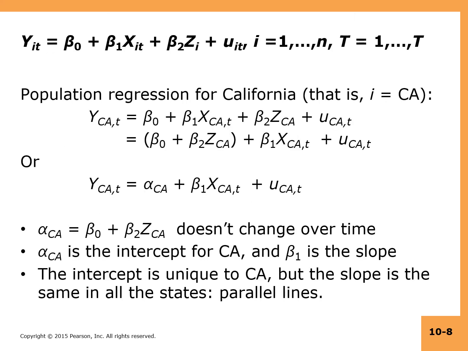Let's say we have some population regression line with the omitted variable that doesn't change over time. So now we want to measure a regression line just for California, where i is equal to CA. So your regression line becomes this, and what you can see here is that the slope for all three states remains the same, but what changes for each state is the intercept, and that's because this omitted variable term, Z, is different for different states.